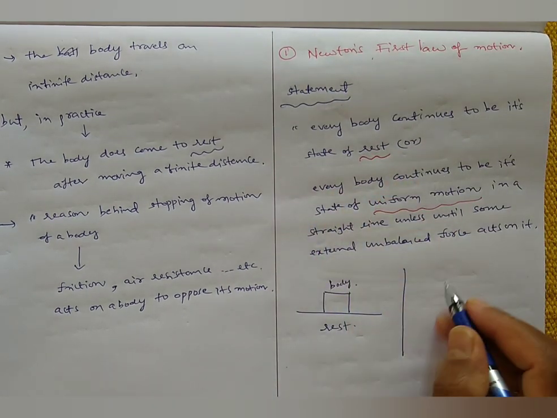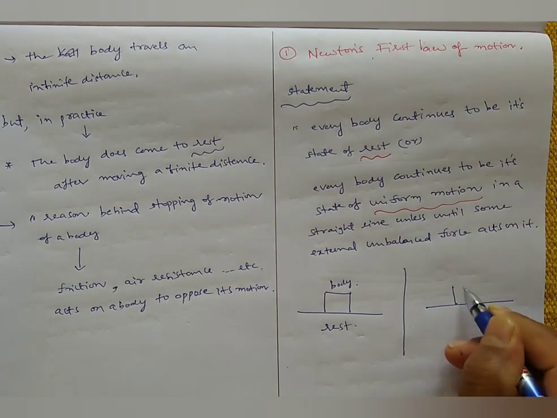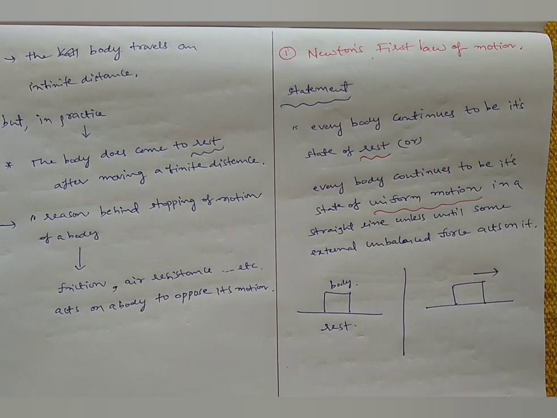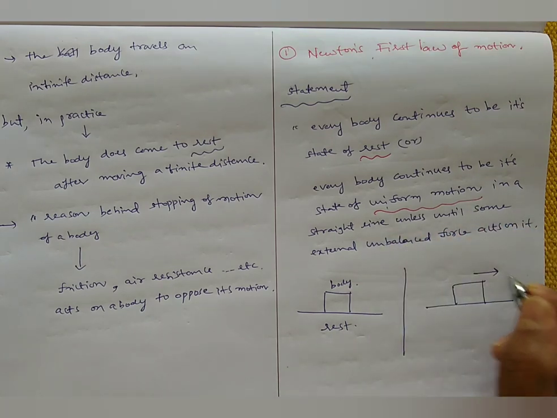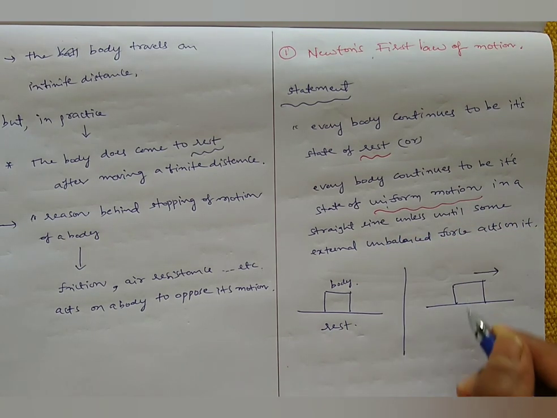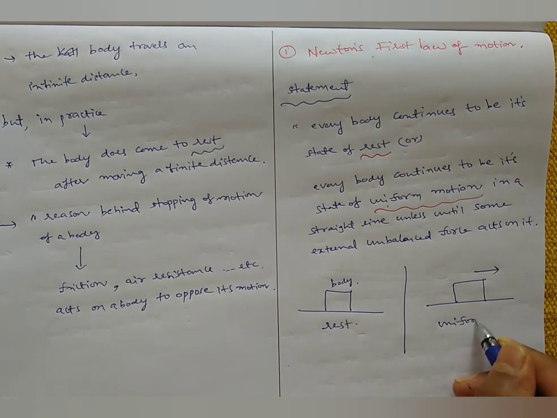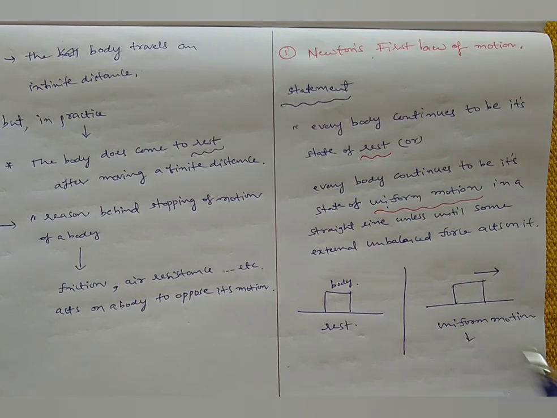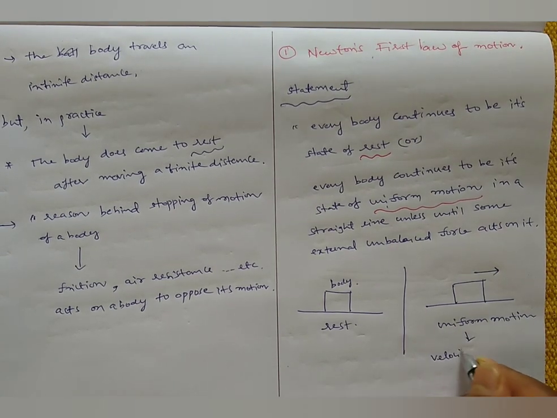Now look at the second statement. If the body is moving in a straight line with constant velocity, see here, uniform motion. Uniform motion means velocity is constant.